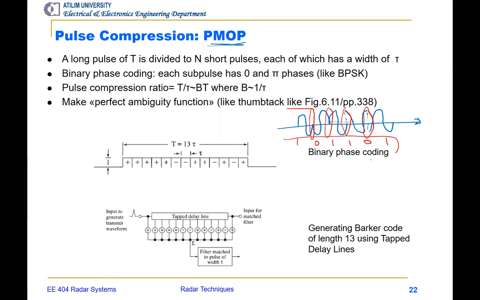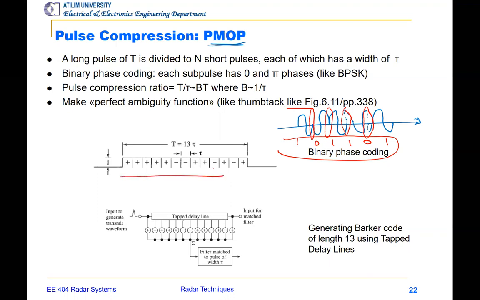If I know this sequence, if I know when the signal changes its phase, then I can decode the signal. Otherwise, the signal is just noise for me. Okay, so that's the idea in phase modulation on pulse.